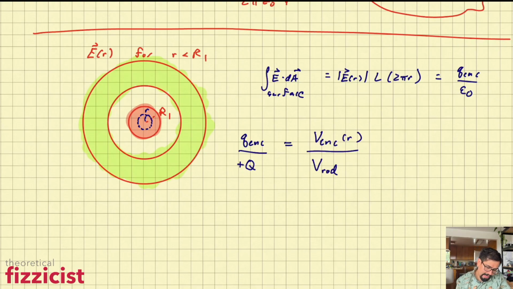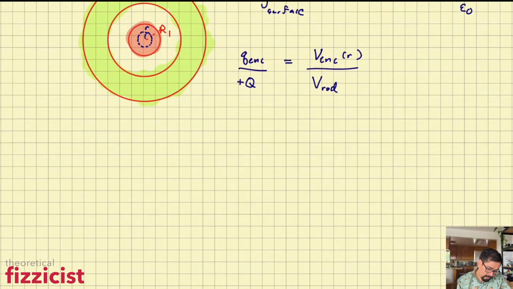So let's go ahead and calculate that enclosed volume. That enclosed volume has to be L times pi r squared. Makes sense, cross section of a circle times length of the cylinder. This has to be the volume enclosed. But the total volume of the rod has to be L times pi r1 squared. Makes sense, again, the total insulating rod has an outer radius of r1 right there, so this has to be its total volume.